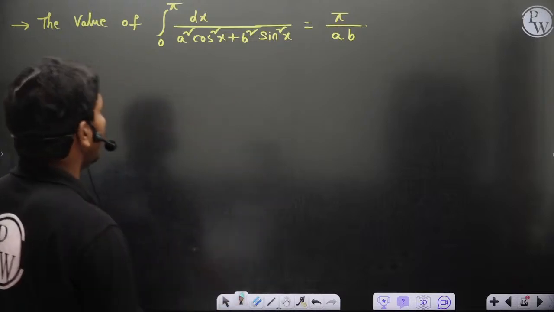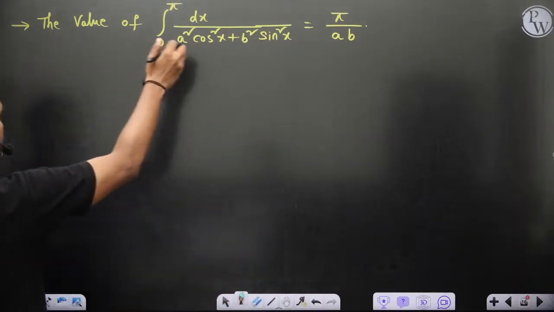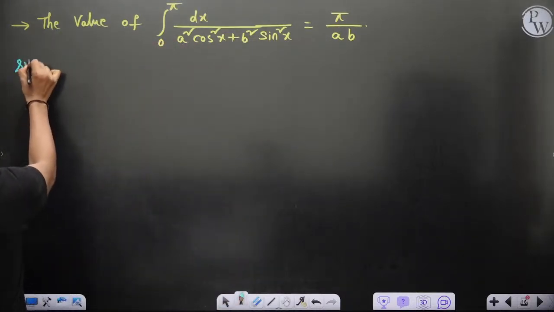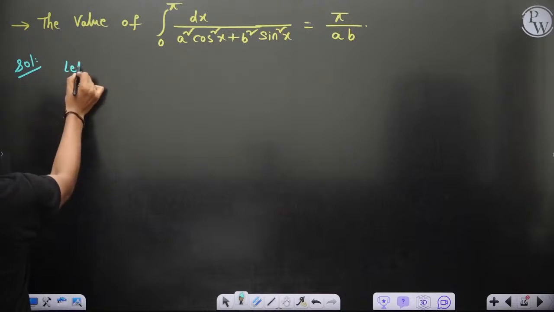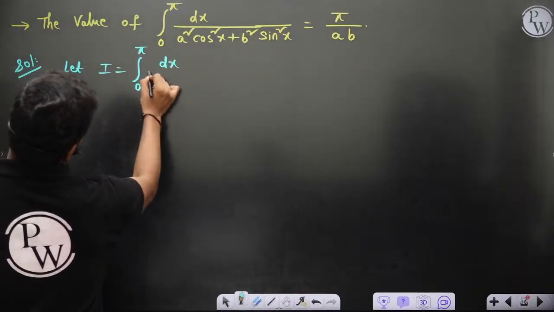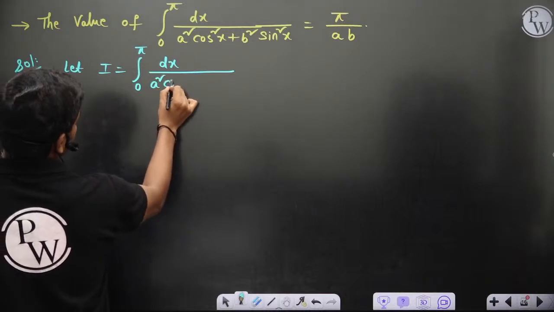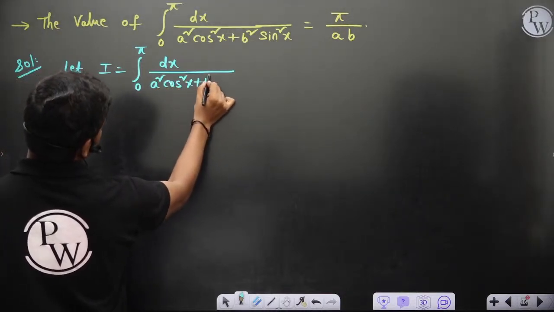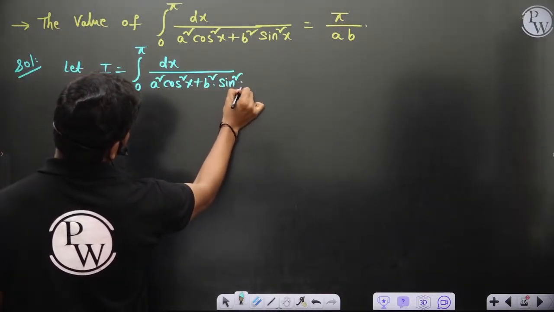Okay, so let's see how this integration can be shown. Again, this is also very important. Why? I'll tell you. So see here, let I is equal to integral 0 to pi dx by a square cos square x plus b square sin square x.